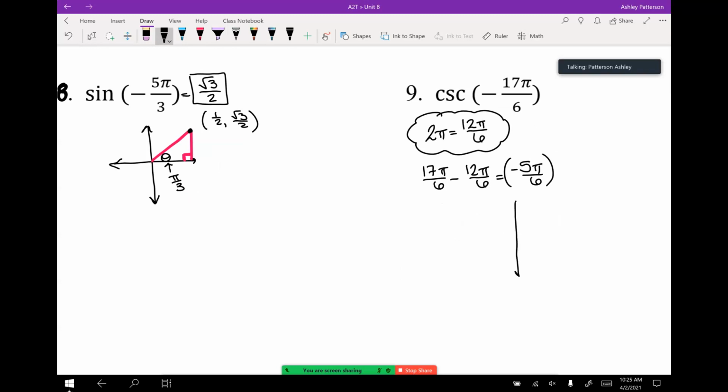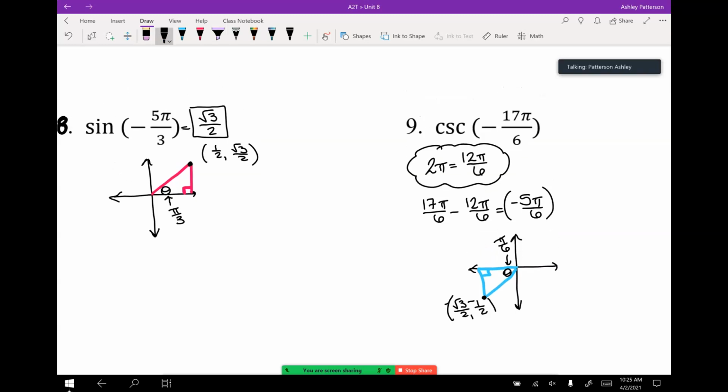If we rotate clockwise, hopefully you ended up in the third quadrant with me. Our reference angle should be pi over 6, and the coordinate that we're using is rad 3 over 2, comma, 1/2. But, hello, third quadrant, everything's negative. So the cosecant of negative 17 pi over 6 should be negative 1/2 flipped over. Taking the reciprocal, we get negative 2.